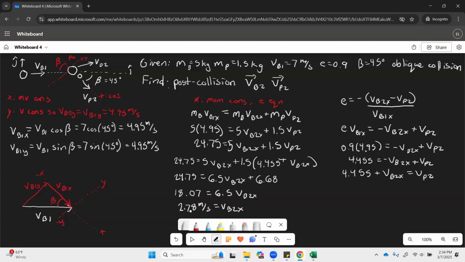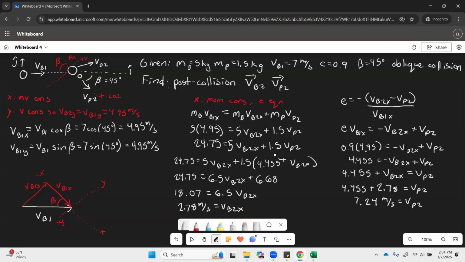So 2.78 meters per second equals the VB2x. And so then we take that and we plug it back in over here, and we'll have 4.455 plus 2.78 equals VP2, 7.24 meters per second equals VP2.